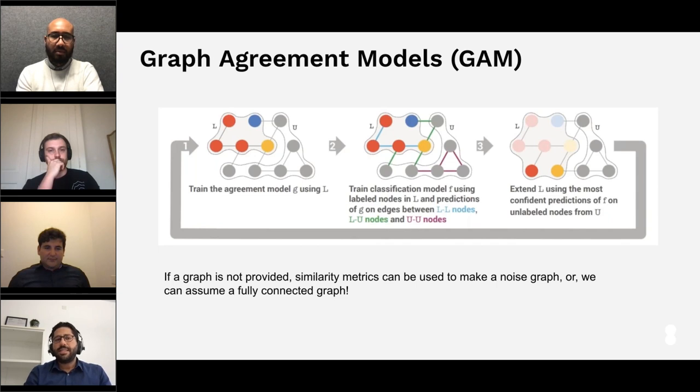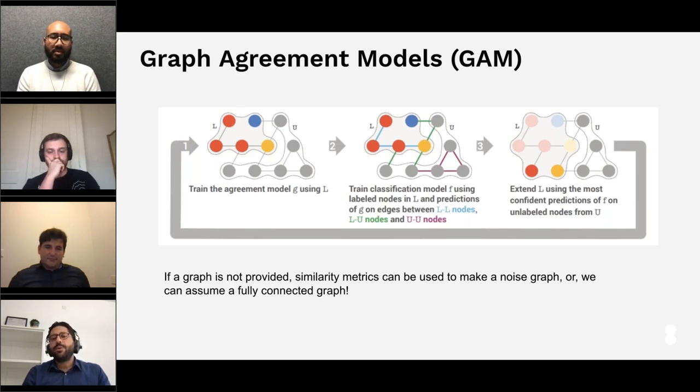If we look at a bigger picture, you can go from left to right. First they train the agreement model G using the labeled data, which they call L. Then you can create a classification model F, which uses L and the unlabeled data. So it considers the link between labeled and unlabeled data points, and also the links between 2 unlabeled data points.